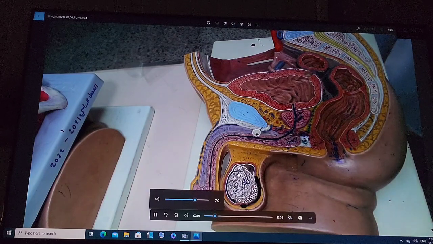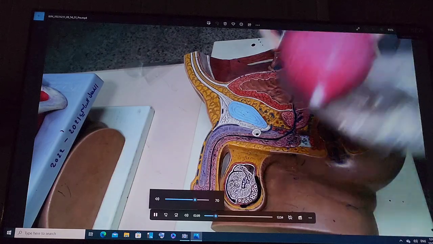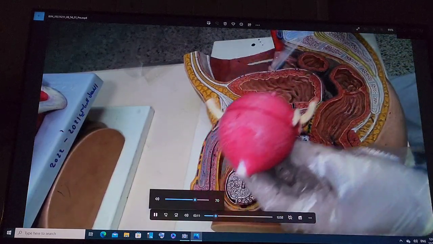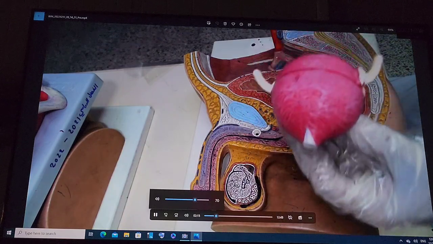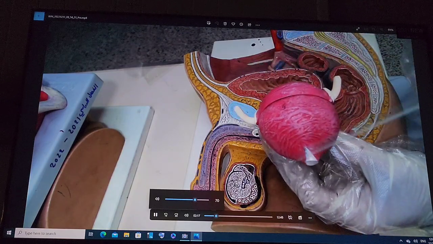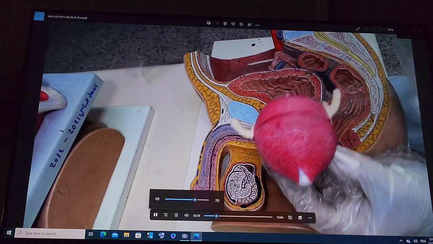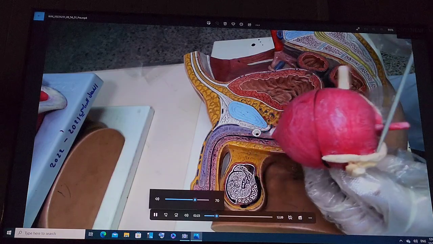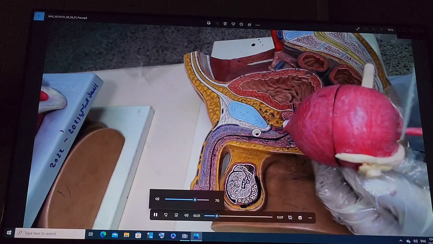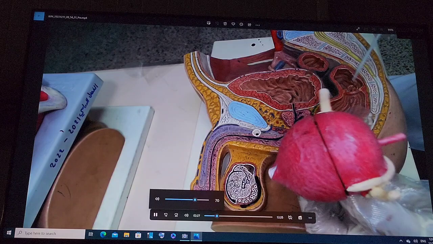Again, this is another specimen in which we can see the urinary bladder and its surfaces: the superior surface, which is covered by peritoneum, and the posterior surface, which we can also see is partially covered by the peritoneum.